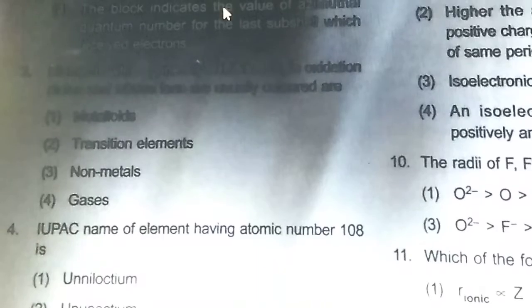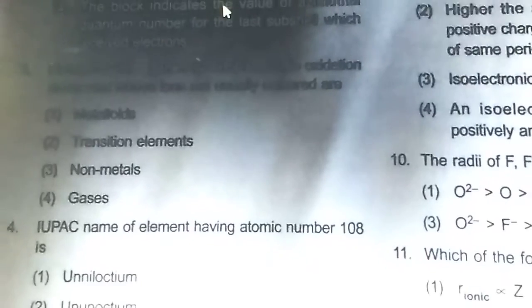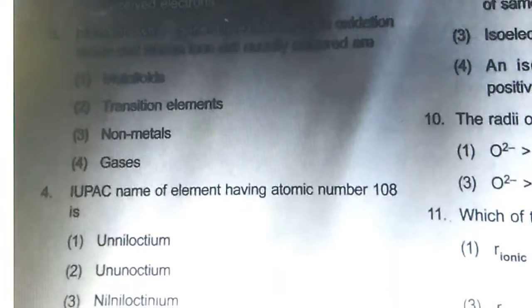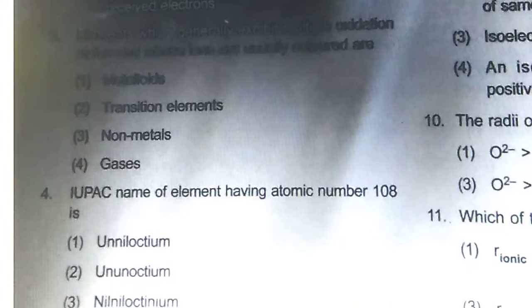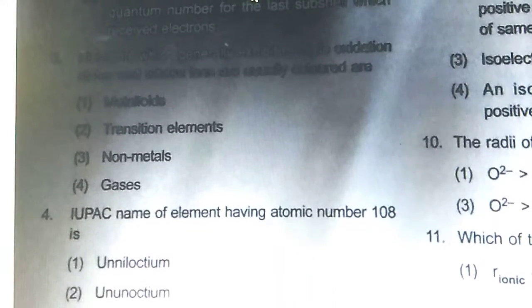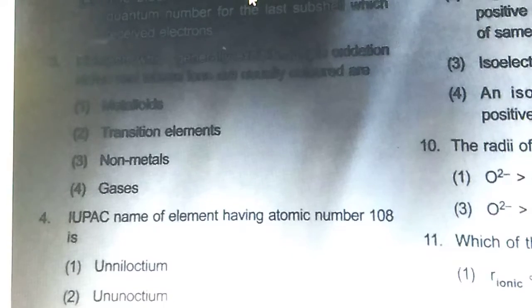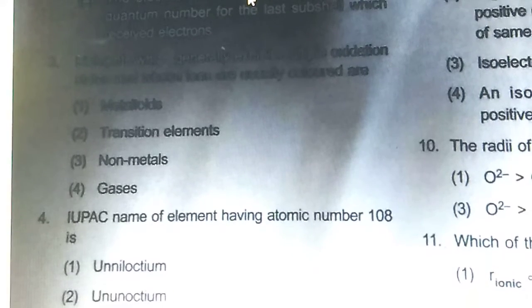If you see, student, question number 3 is mentioned here. It is a little blurred, so I will try to read out the question. The element which generally exhibits multiple oxidation states and whose ions are usually colored.